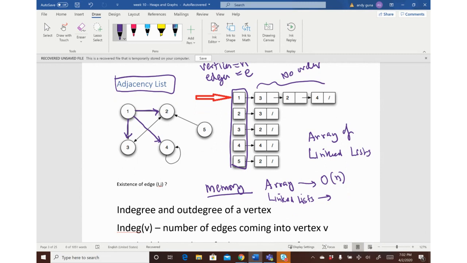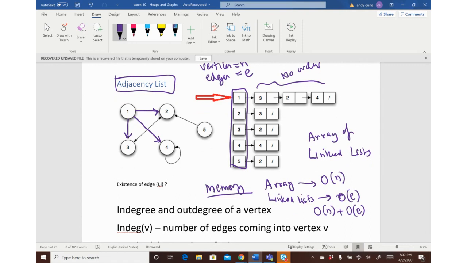So that means we have order of e nodes in total. So the total memory required is in the order of n plus e. We call it O(n + e) because it could be a multiple of n, like 4n or 8n or something like that.